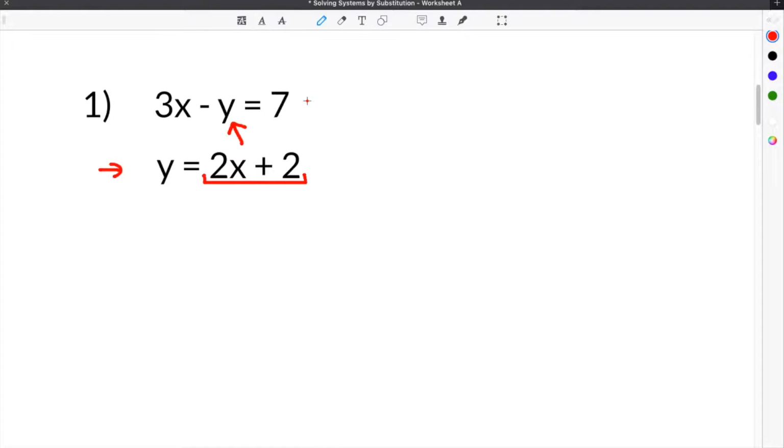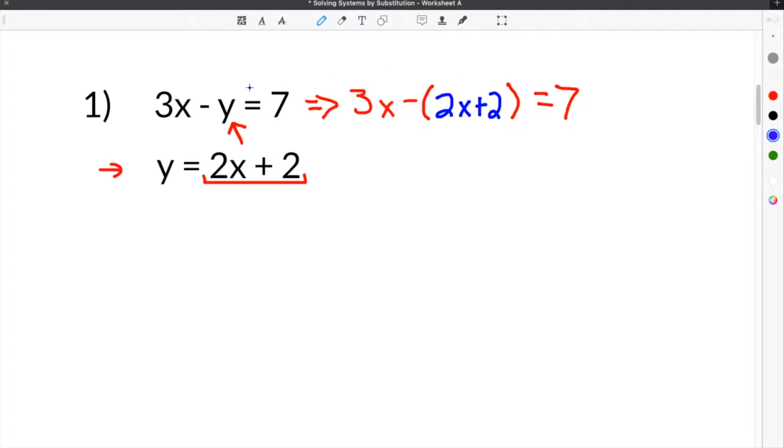So we're going to take our top equation and rewrite it with our second equation substituted into it. We have 2x plus 2, and we know y is equal to that, so we substituted it in for where y used to be. Now we have to solve for x.